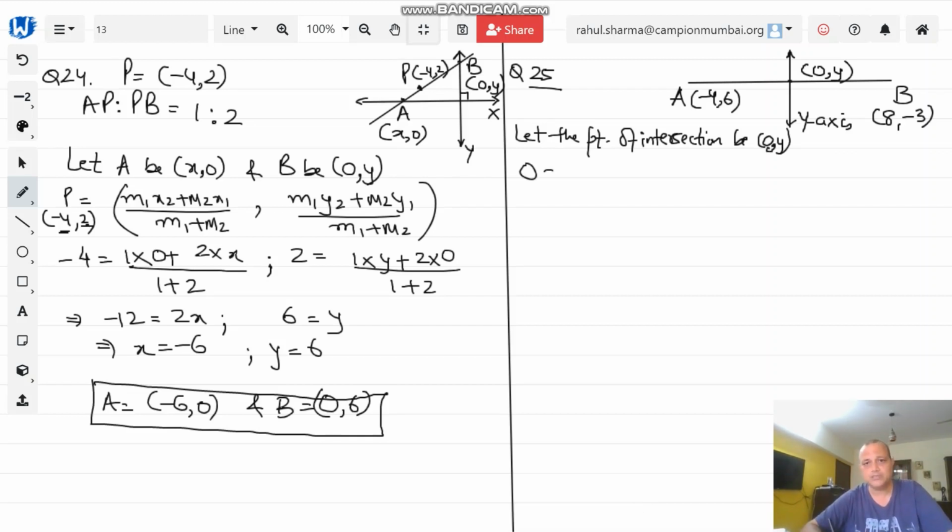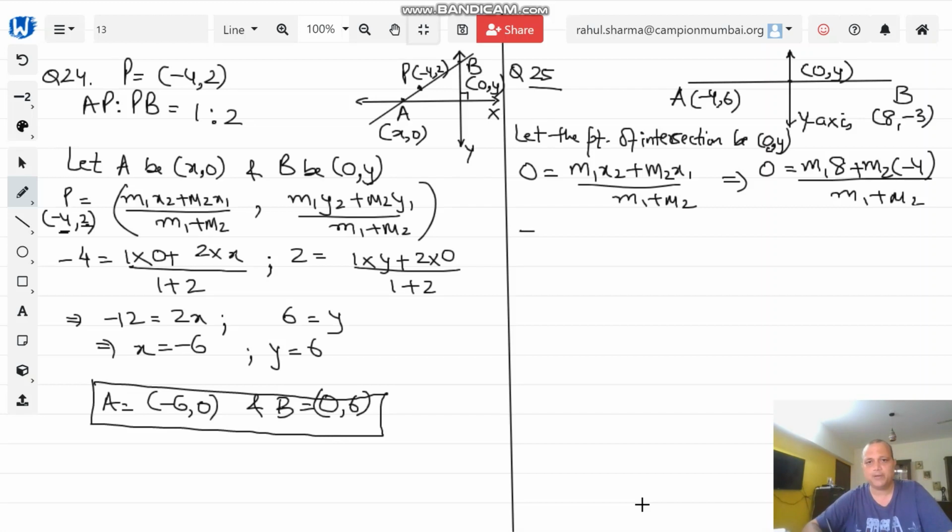So 0 is equal to m1x2 plus m2x1 upon m1 plus m2. Let's substitute. 0 is equal to m1, not given. A is given first. Yes, A is negative 4, 6. Perfect. So x2 in this case would be 8, plus m2, not given, x1 would be negative 4, upon m1 plus m2.